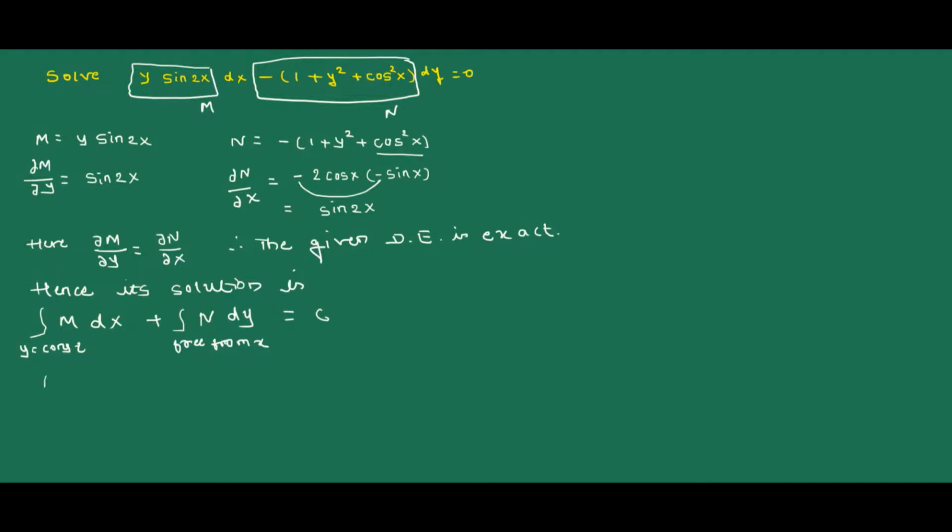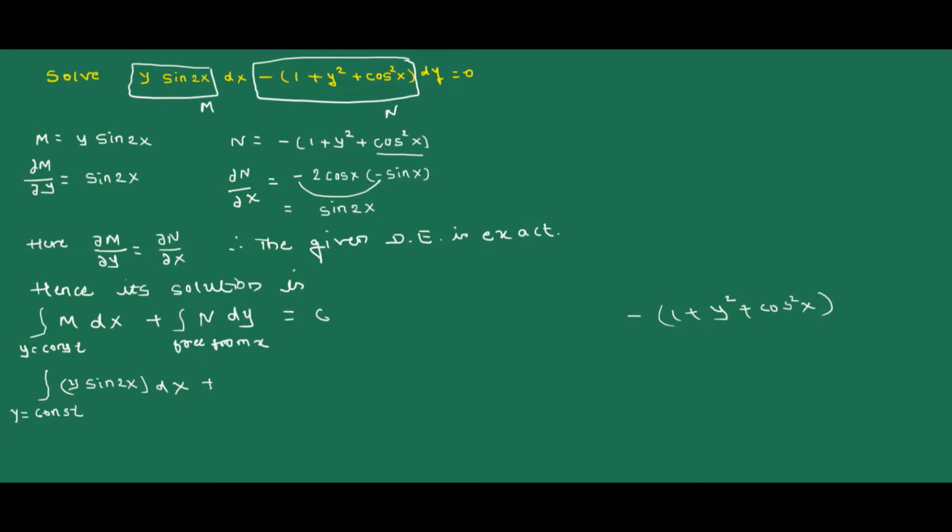Now write down the value of M. What is the value of M here? That is integration of y sine 2x dx, y is equal to constant, plus. Now write down the value for N. What is the value for N? Minus (1 plus y square plus cos square x).